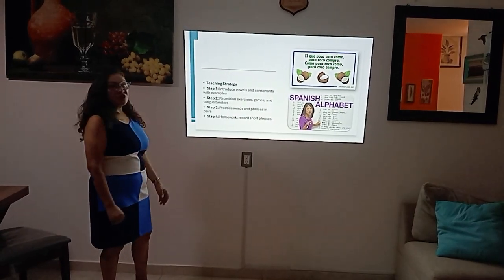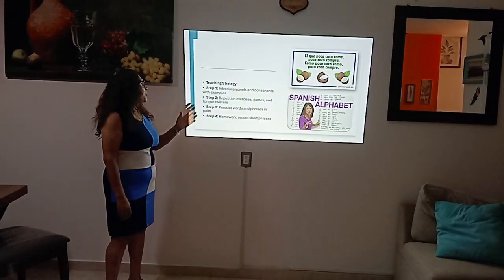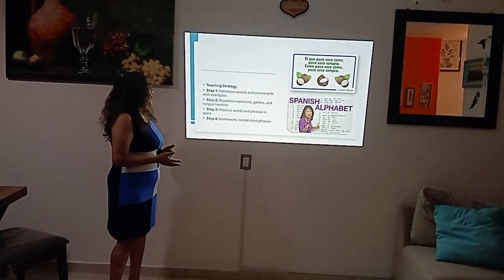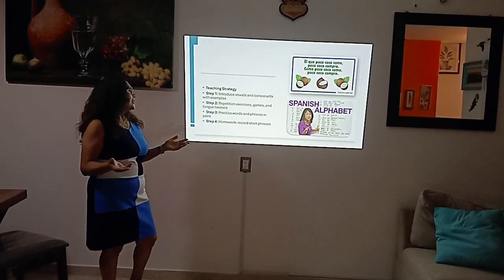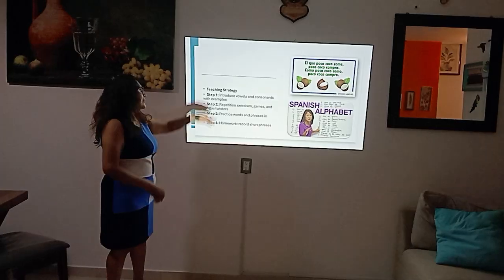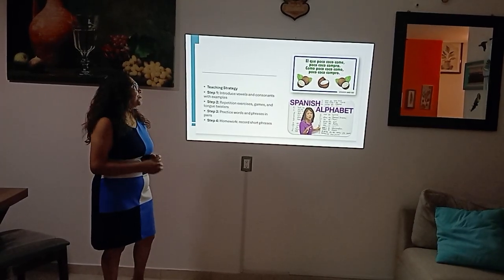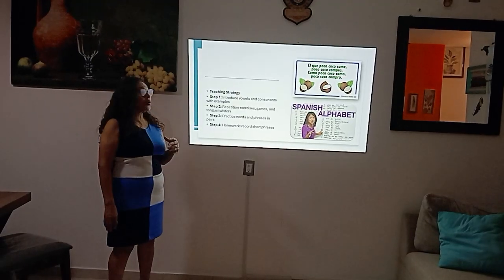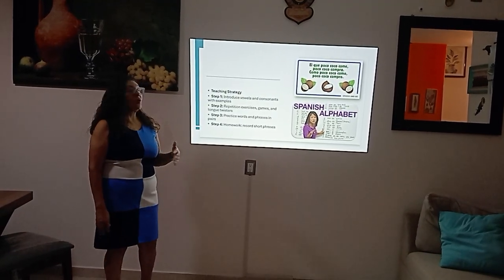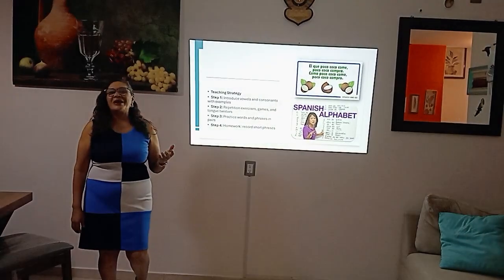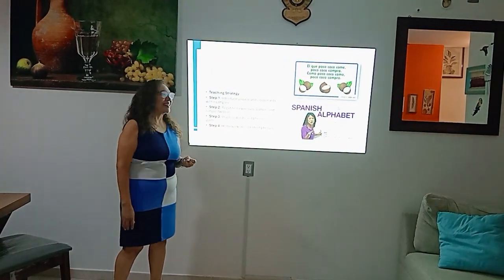Now, my teaching strategy: I'm going to introduce vowels and consonants with examples, repetitions, exercises, games, and tongue twisters, like in the example: el que poco coco come, poco coco compra, como poco coco compra. It is very challenging.